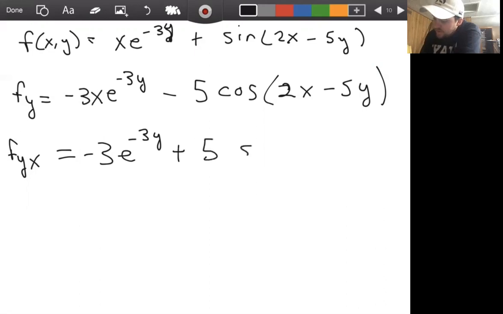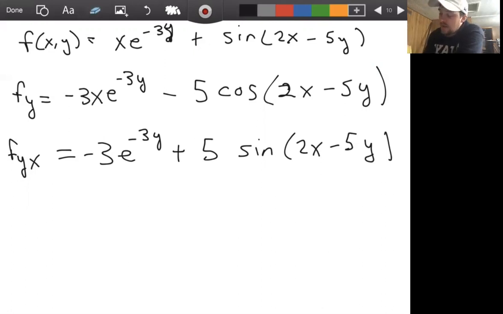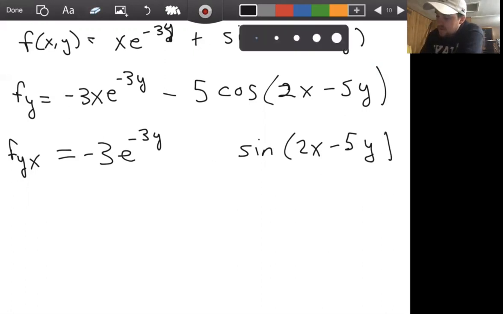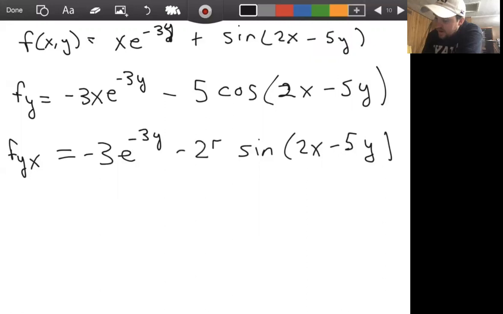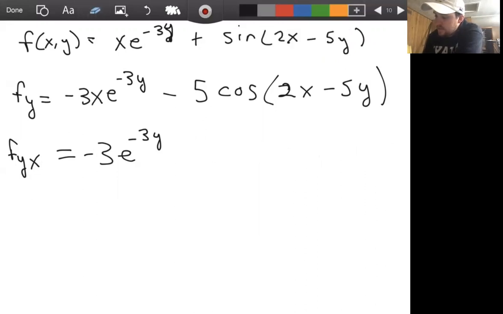There's a 5 out here, so sine 2x minus 5y. But it's times the derivative of the inside, and the derivative of the inside is negative 5. So we have 5 times negative 5, which makes the constant out front negative 25. Right? Sorry, this is with respect to x. Let me back up. All right.